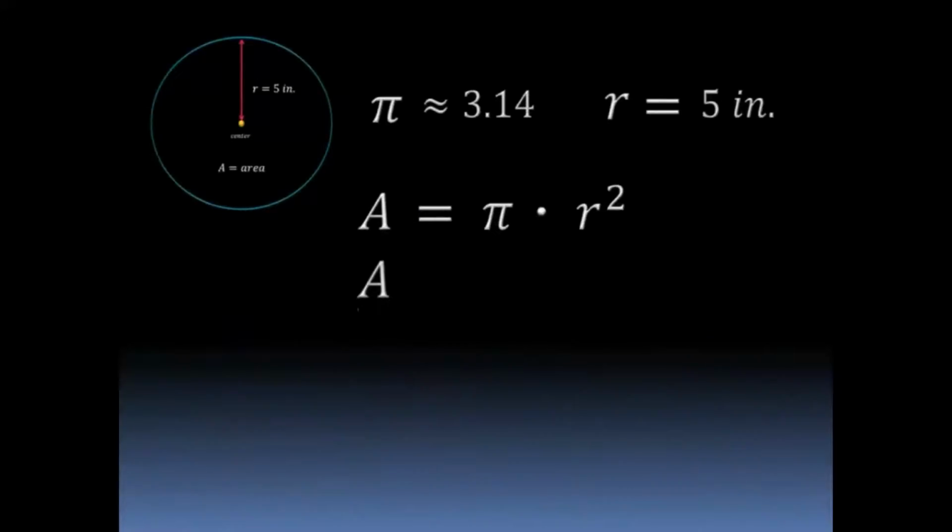Beginning our calculation, the area will be equal to, we replace pi with the value 3.14 times whatever r is squared, and our radius is 5 inches.